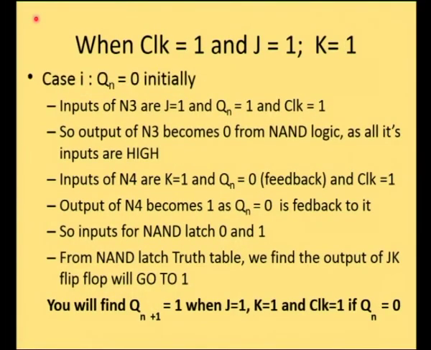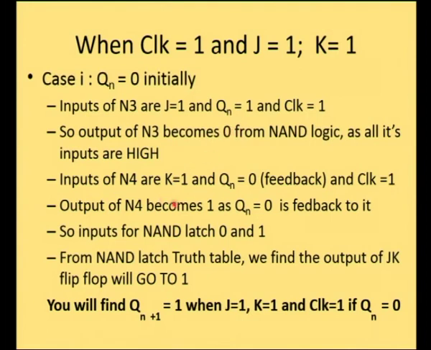Let us look at the final case when clock equal to 1, J equal to 1 and K equal to 1. Again, we will be looking at two cases, Q equal to 0 and Q equal to 1 initially. The inputs of N3 are J equal to 1, Q bar equal to 1 and clock equal to 1. You will see that all the inputs are 1 for the NAND gate, and hence N3 output will become 0.